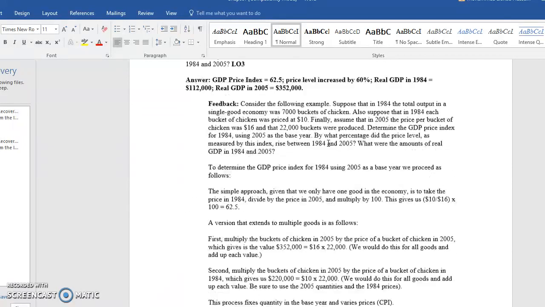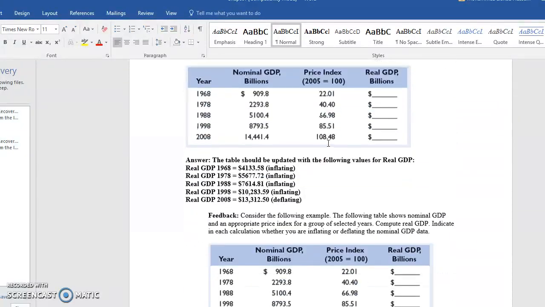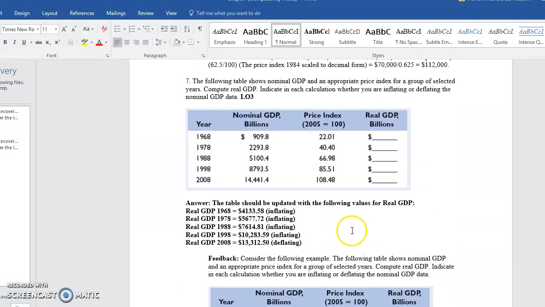Now let us go to question number 7. Here in column 1 we have year, in column 2 we have nominal GDP, and in column 3 we have the price level, with 2005 as the base year, and we have to calculate real GDP from nominal GDP.